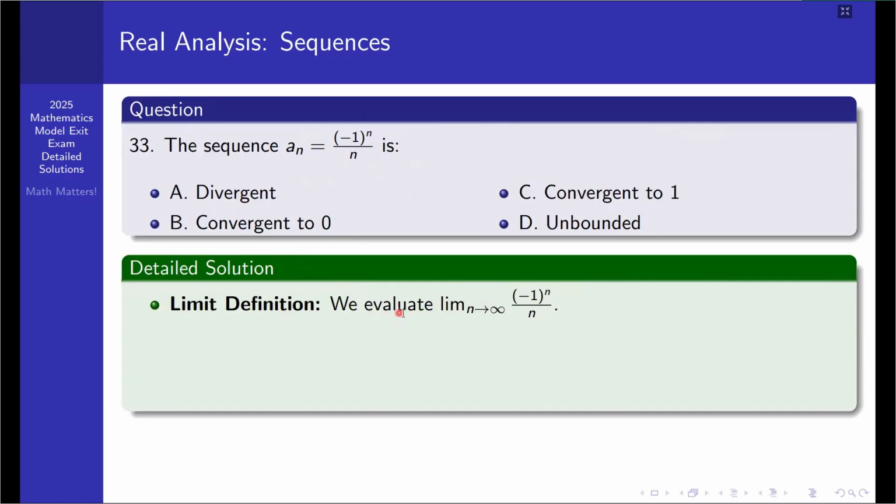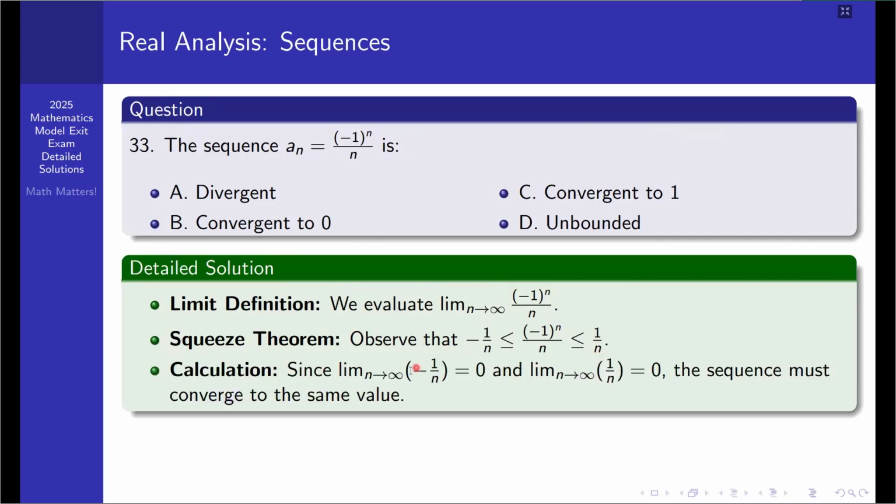You know that when we evaluate the limit of (-1)^n over n at infinity, we use the squeeze theorem, because it oscillates between negative and positive. Observe that (-1)^n over n is sandwiched between -1 over n and positive 1 over n.